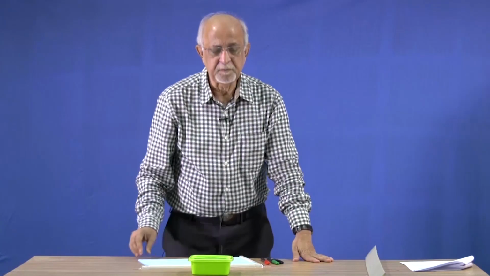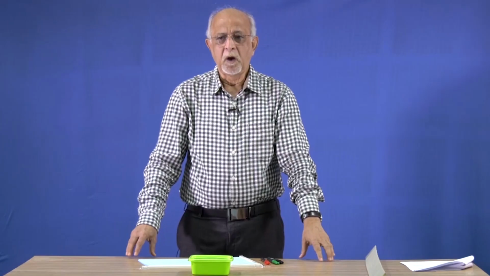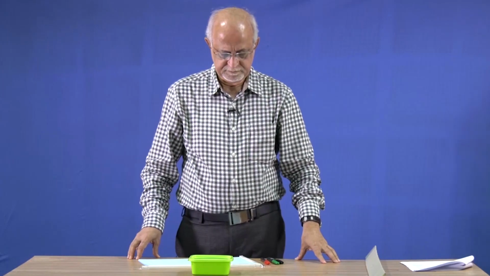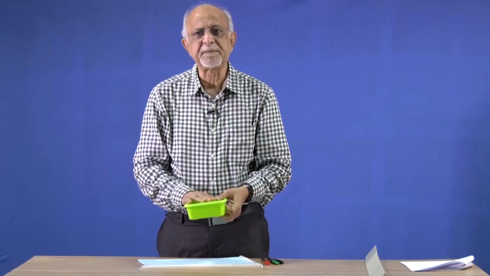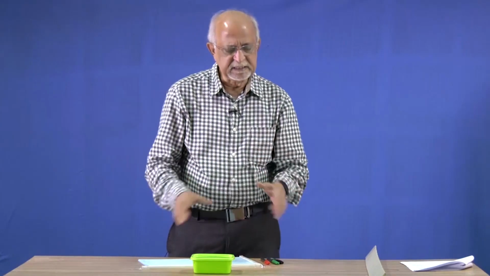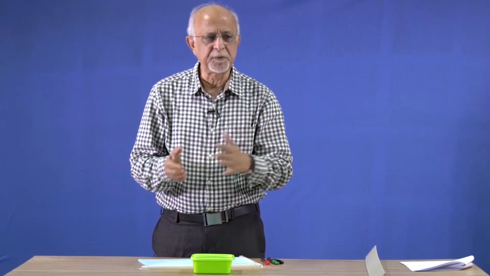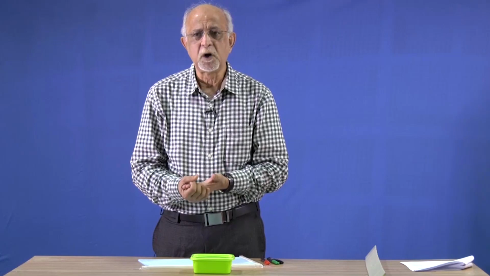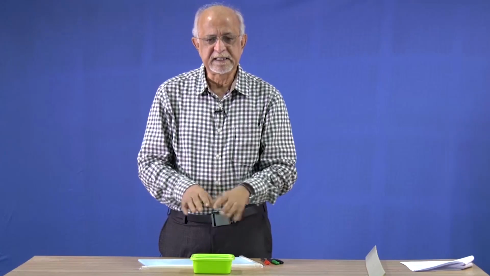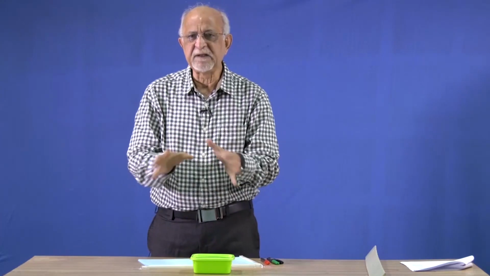Now, what are the forces really acting on a body like this box when it is kept on the table? Is it only the push and pull, which come into play only when I apply them over this box, or is it already under the influence of one or more forces?